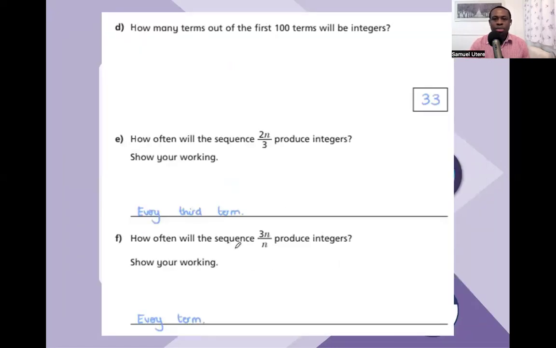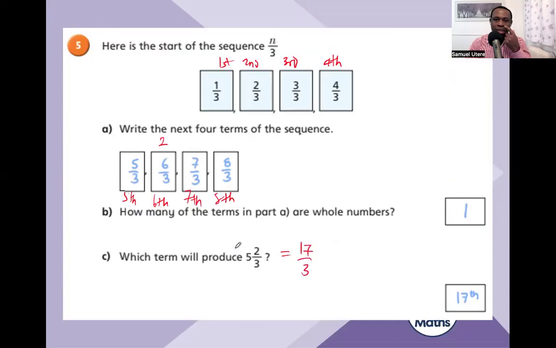Well, let's answer question D. We're asked how many terms out of the first 100 terms will be integers. Well, if you notice, when we worked this out, the 3rd term was 1. You see, did you see that?